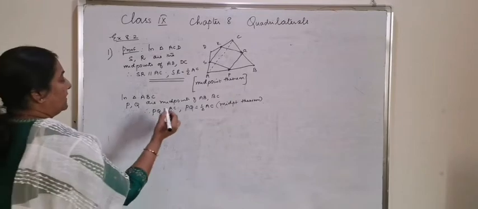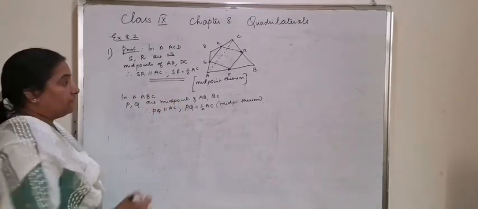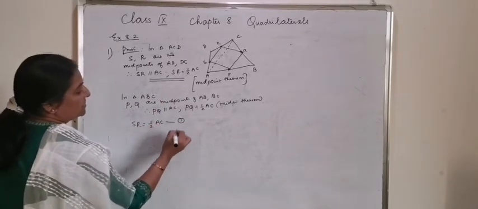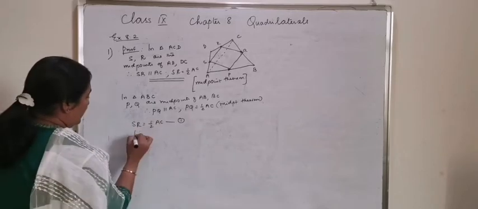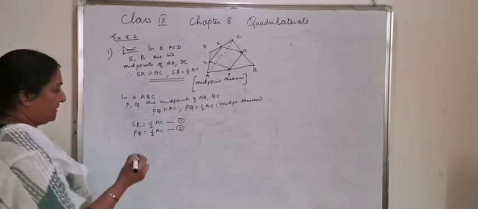You have to prove that PQ is equal to SR. Now, SR is equal to half AC, equation number 1. Again, PQ is equal to half AC, equation number 2.